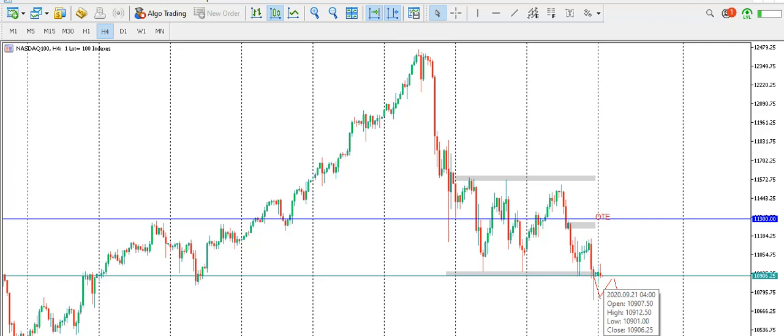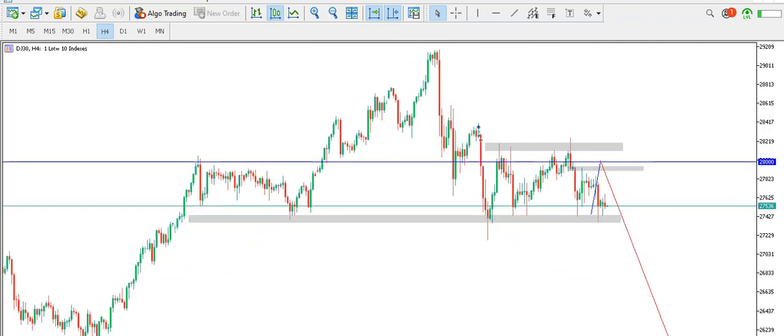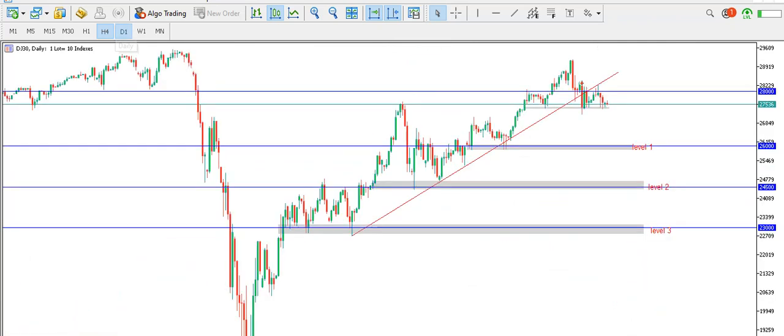Good. That is done. Allow me to go down to Dow Jones daily time frame, and of course Dow Jones and NASDAQ, they highly correlate. So the same thing, I've already indicated my zones for NASDAQ.